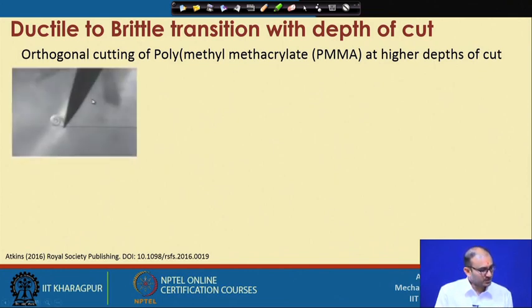So, now let us see. These are the high speed images of the cutting tool. This is the cutting tool, this is the PMMA material and this is the chip, and here the depth of cut is very small.